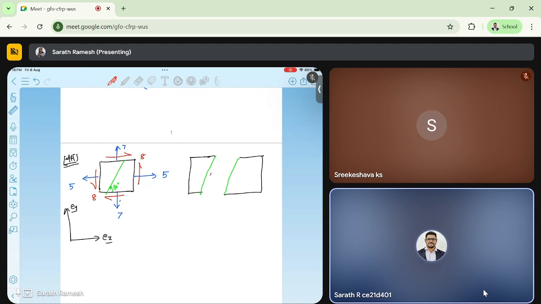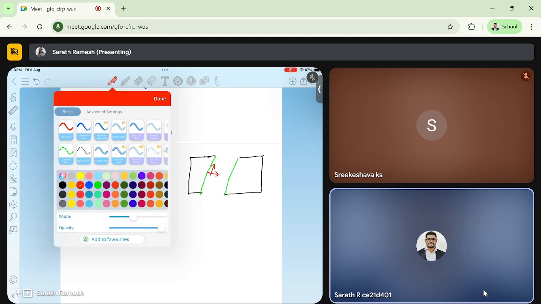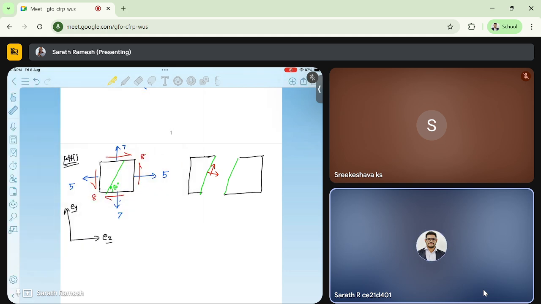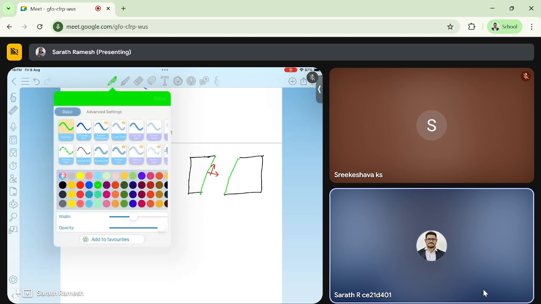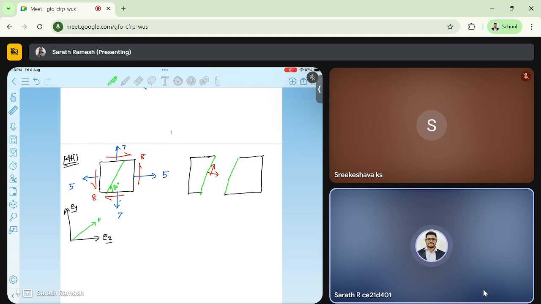So you will have some sigma in, say, this is my new basis, right? Assume sigma x star, y star. So my rotated basis is, let me use green color. This is my rotated basis, Ex star, Ey star, 60 degree.